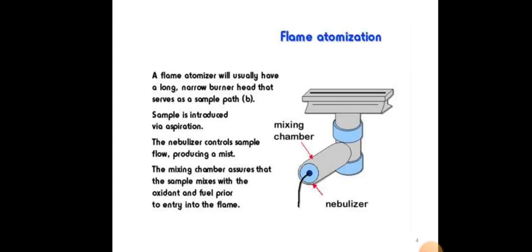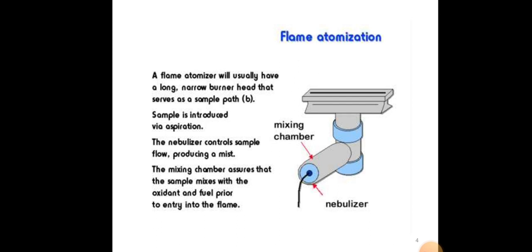Now we are going to talk about flame atomization. In flame atomization, we use a flame to heat the sample and atomize it. Here you can see a picture of a flame burner that is used in atomic spectroscopy.